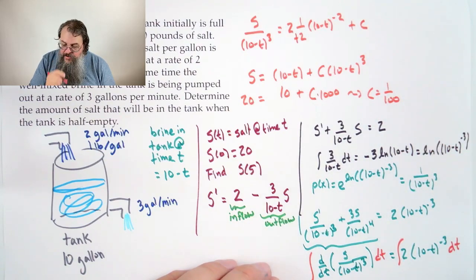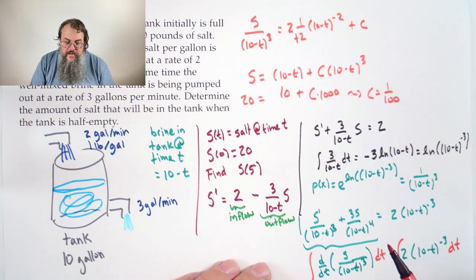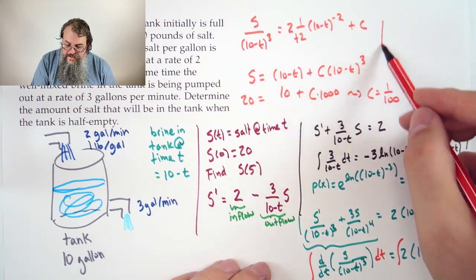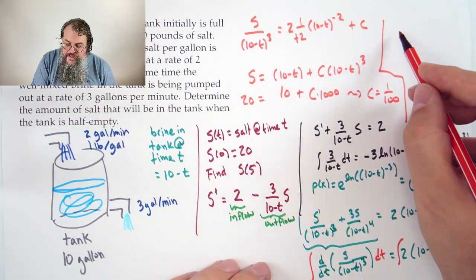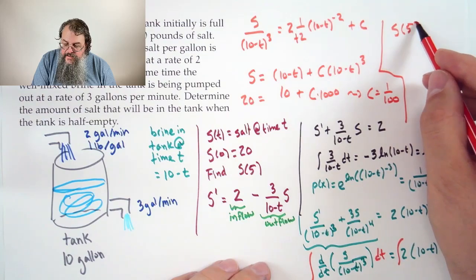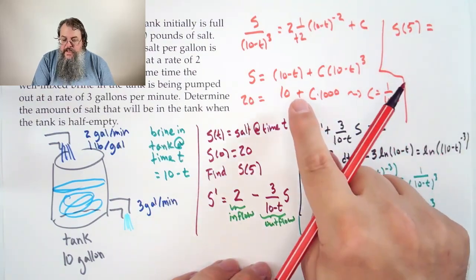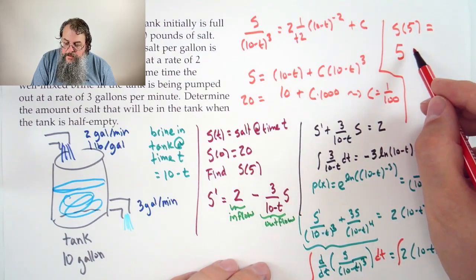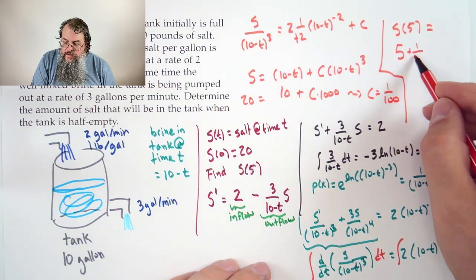All right, so now we have our function for s. And then the last thing is we say, look, we want to find s of 5. So our answer is s of 5 is equal to 10 minus 5 is 5. Then we have plus 1 over 100.